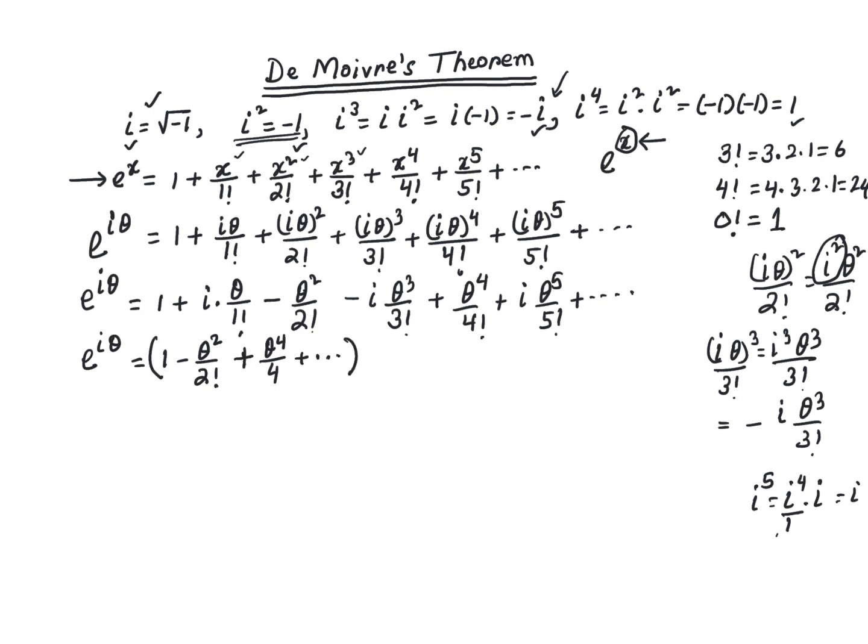Next, I'm going to combine the terms that have i in them. So i times theta over 1 factorial, then minus theta cubed over 3 factorial, plus the next one gives theta to the power 5 over 5 factorial, and it keeps going like this. The signs are going to alternate. The same here.